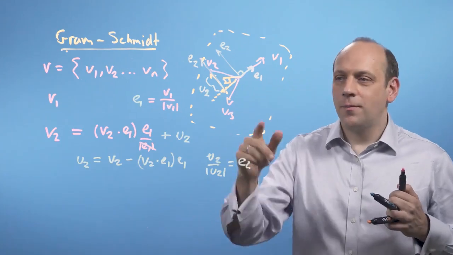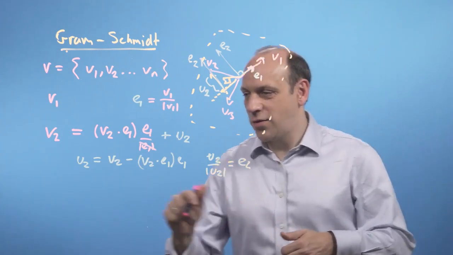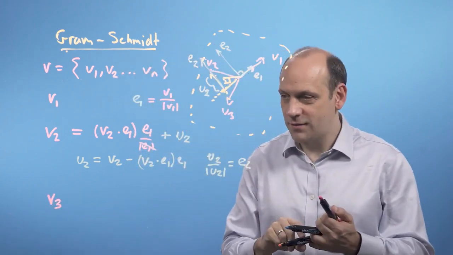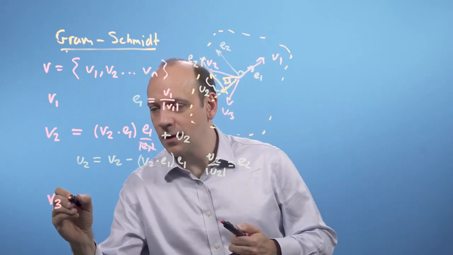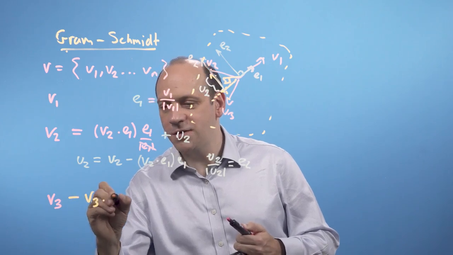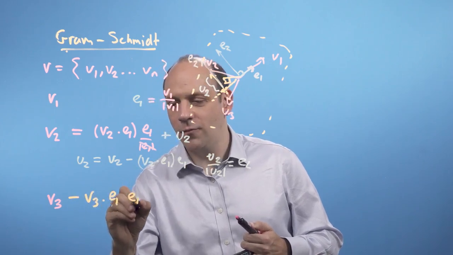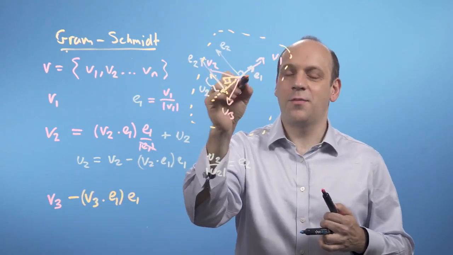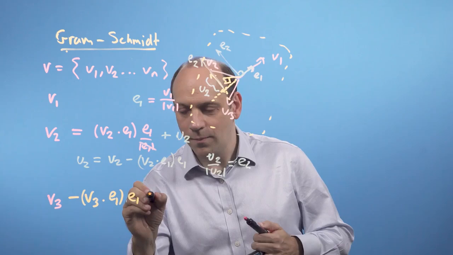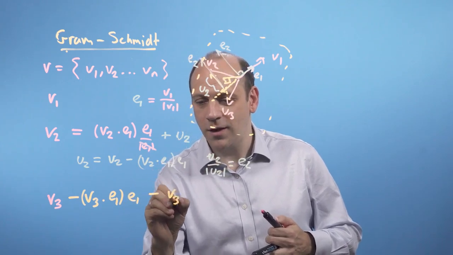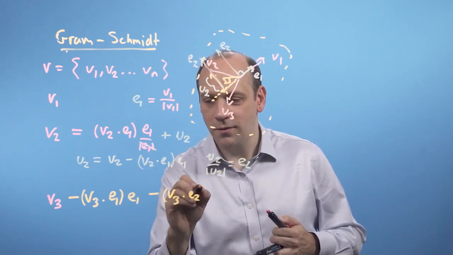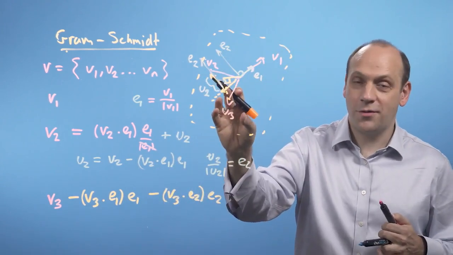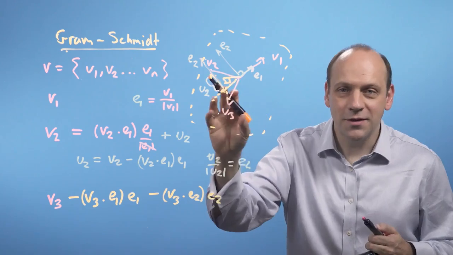So I can write down v3 minus v3 dotted with E1 times E1, that's the component of v3 that's made up of E1s, minus v3 dotted with E2 times E2, that's the component of v3 that's made up of E2s.